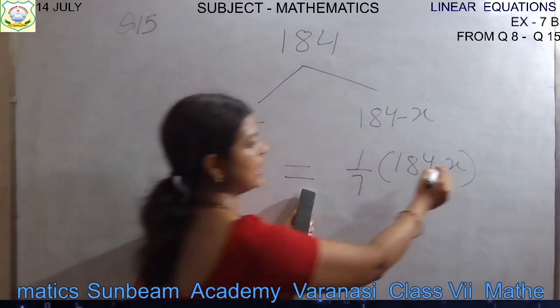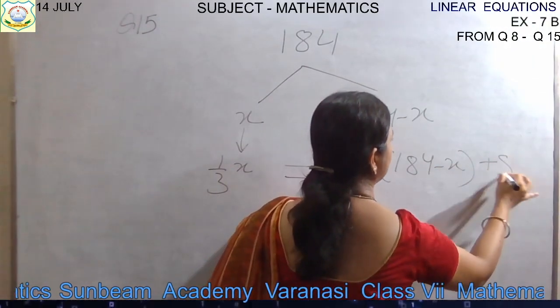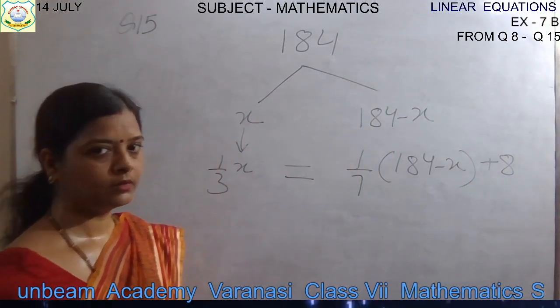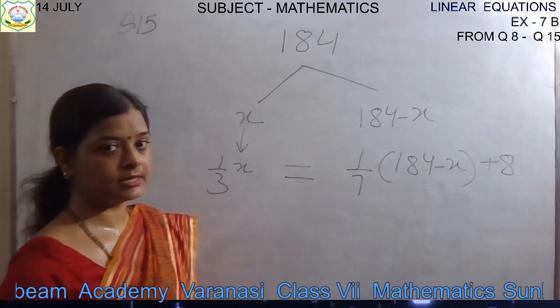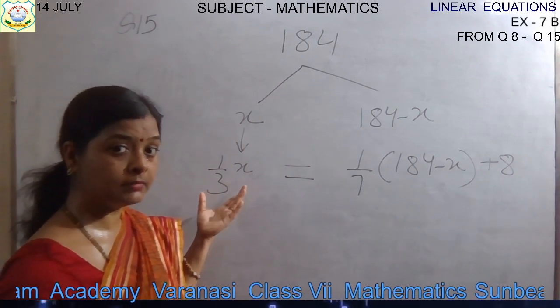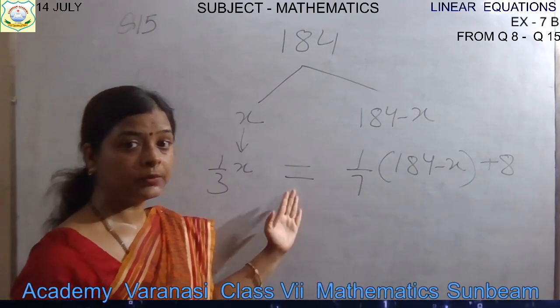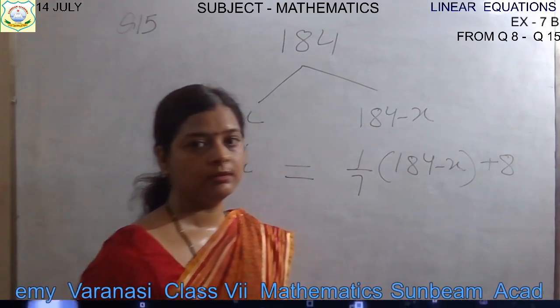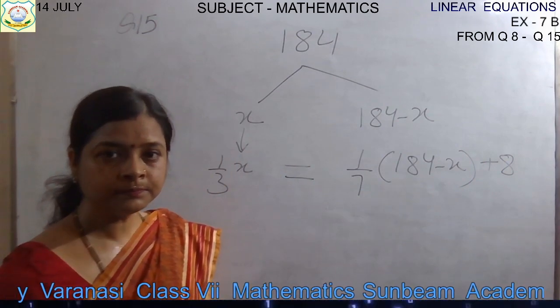So just add 8 here. Just add 8 here, and then you will have the equality sign. This is already 8 more, 8 number more. So to get the equality sign, we have to add 8 to the RHS. Am I clear? Okay.